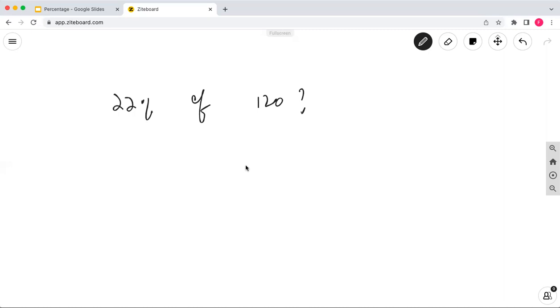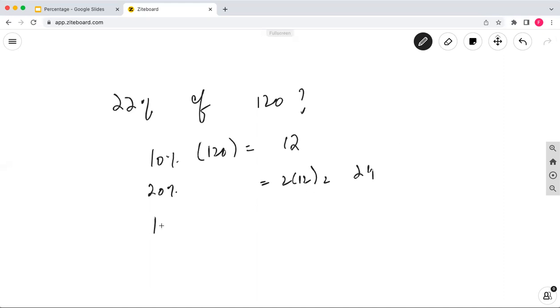Okay, first of all, what is 10% of 120? That is 12. So what is 20%? That is double of this, 2 into 12, which is 24, right?